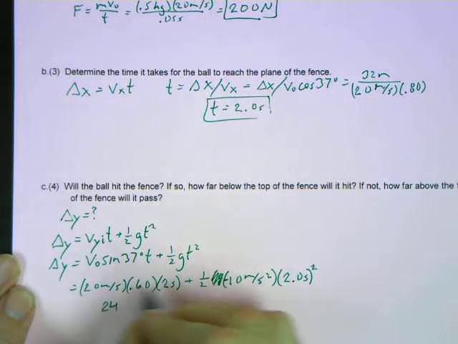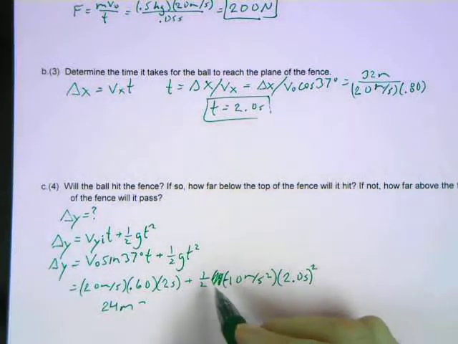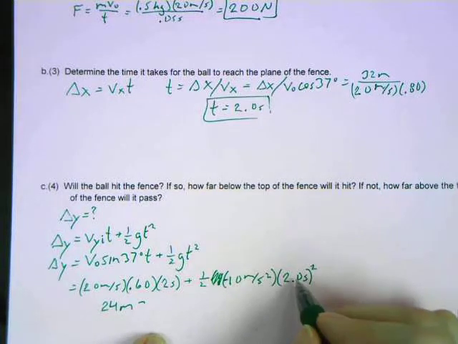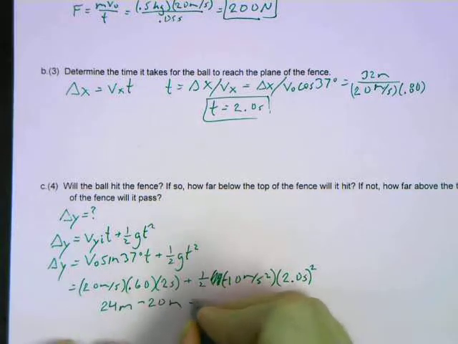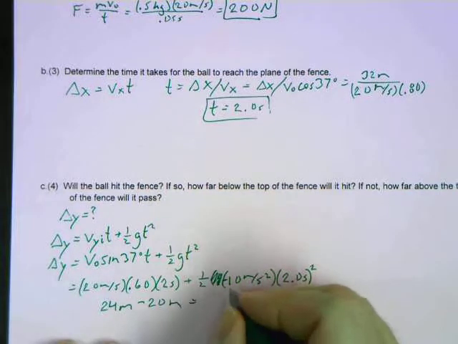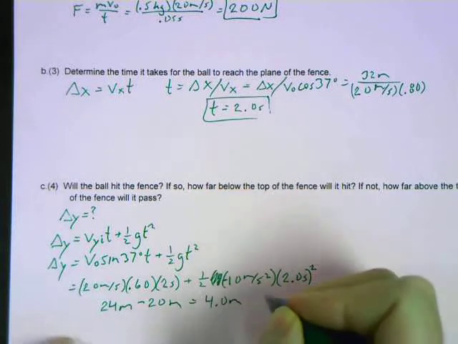Seconds on the top, seconds in the numerator and denominator cancel out. 24 meters minus, because one of the terms is negative, 1/2 times 10, that's a 5. 2 squared, that's 4. 4 times 5 is 20. 20 meters. So my entire delta y is 4.0 meters.